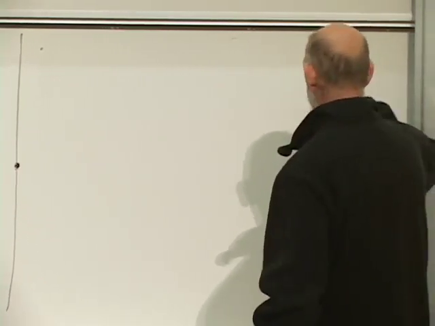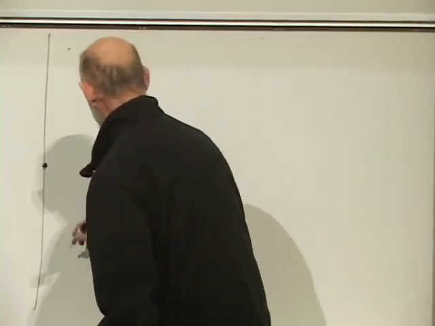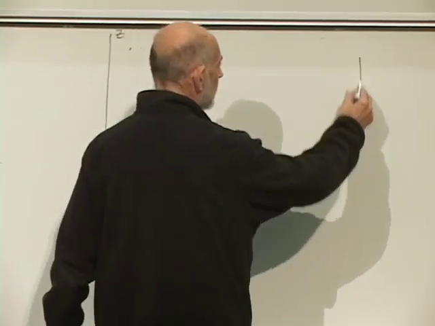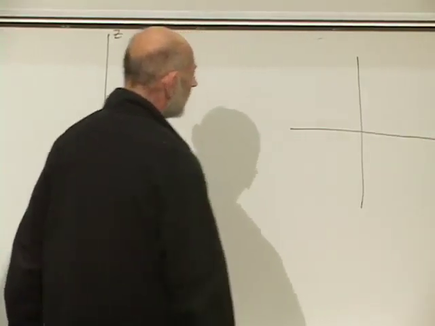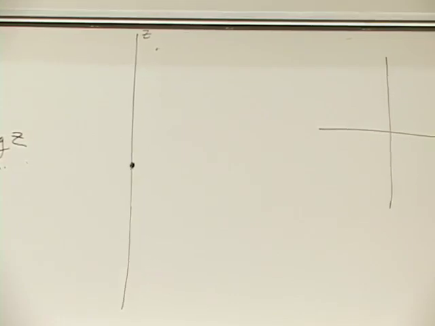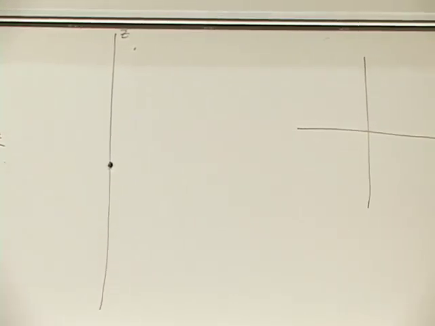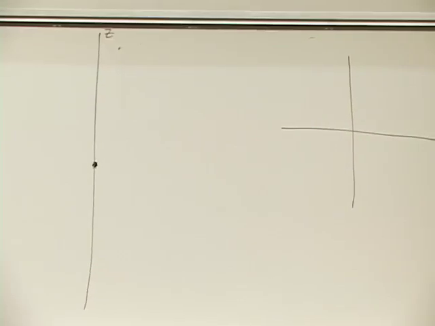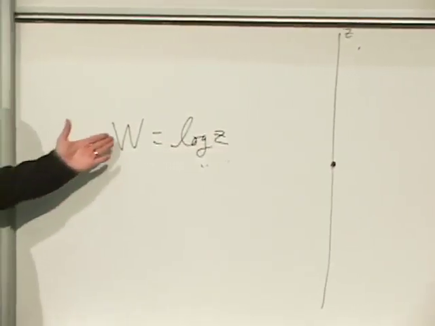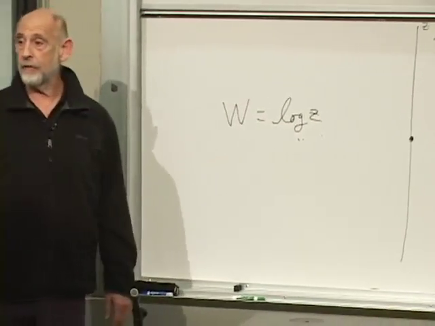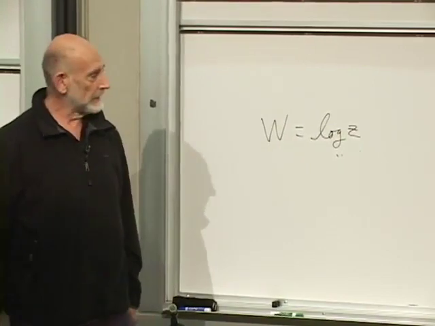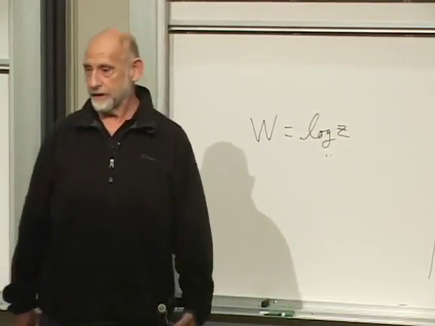Here's the w plane. This is the z plane. First of all, what happens to the origin of the z-plane? It goes to logarithm of 0. Where is logarithm of 0? Logarithm of 0 is, of course, not a number.